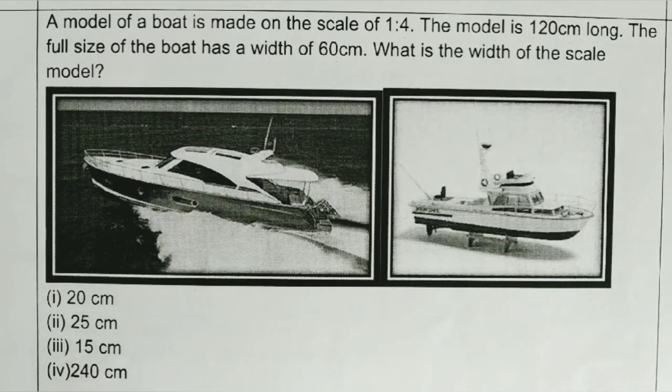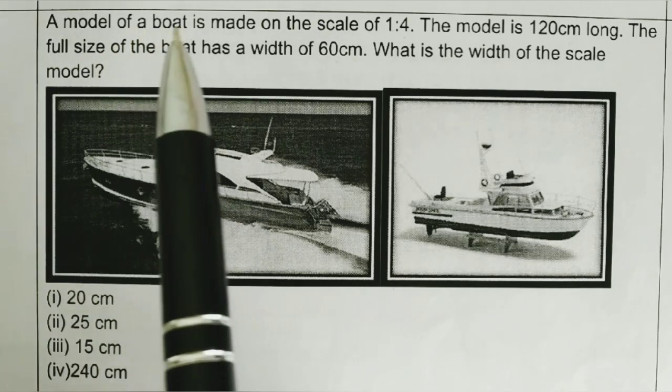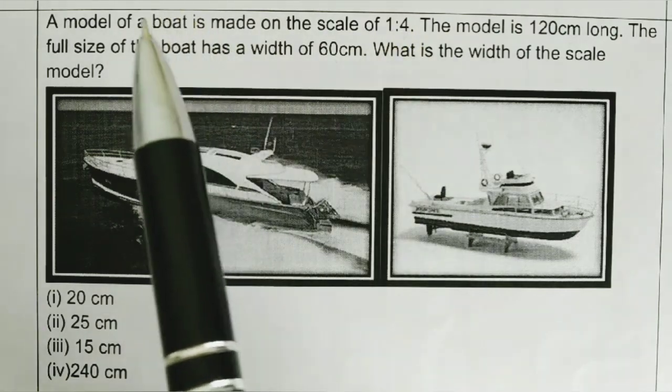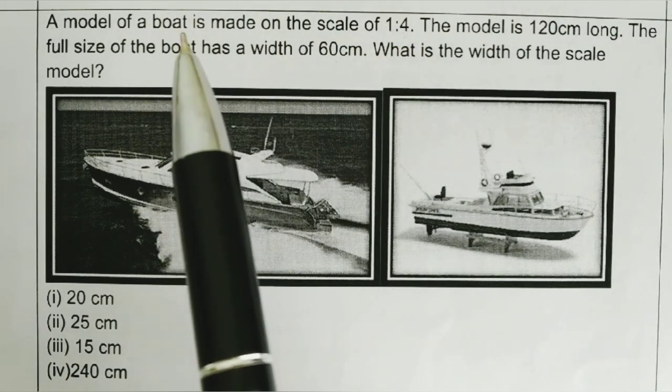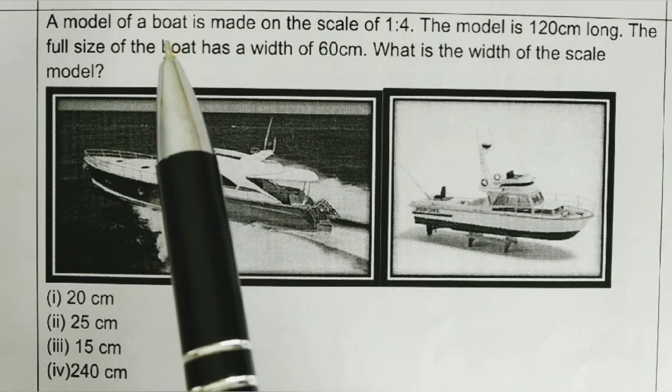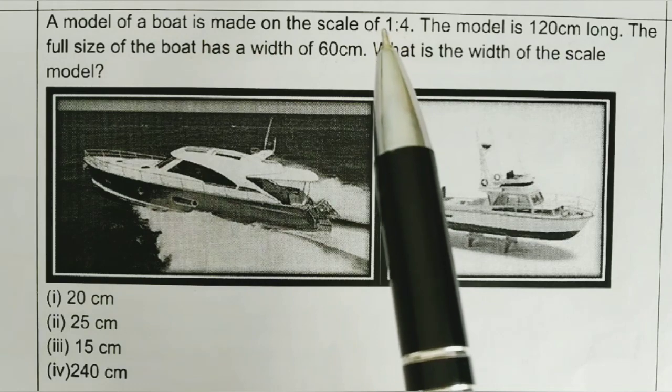Let's look at part number 1, A part. It says a model of a boat is made on the scale of 1:4. A model of a boat, the actual dimensions of the boat, whatever the dimensions are, the model would be of the scale factor 1:4.